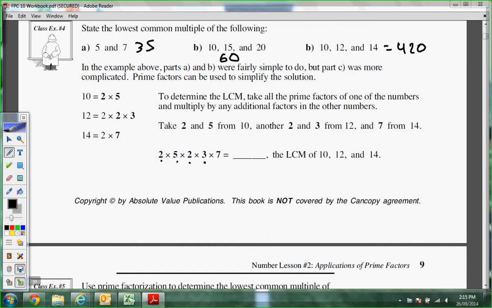Okay, so you're taking the 2, 5, the 2, 3, and the 7. Then you multiply all those, and that will get you 420. Sorry, dyslexic again today. Okay, 420.